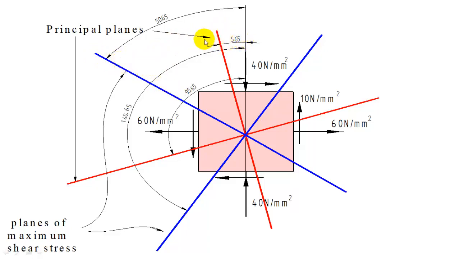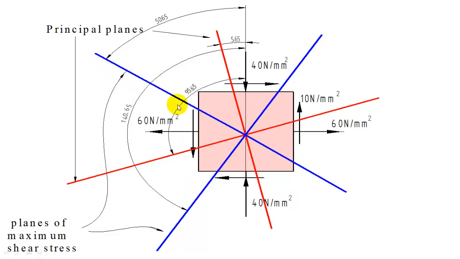So theta p1 plus 45 degrees will give the first plane of maximum shear stress. Then you can add 90 degrees to that, which will give the next plane of maximum shear stress. So 50.65 plus 90, 140.65. That is another plane of maximum shear stress.